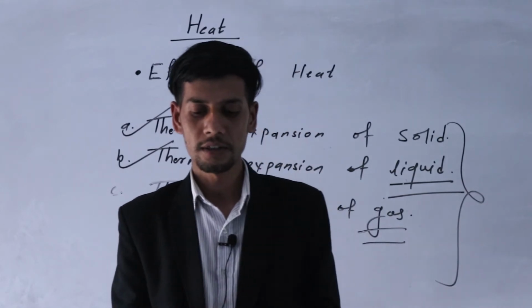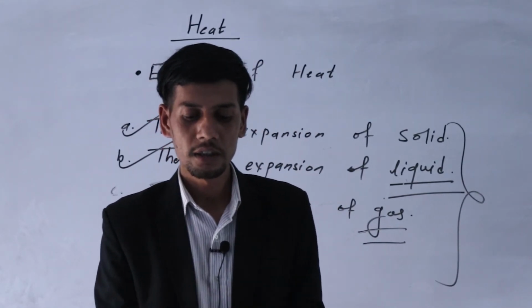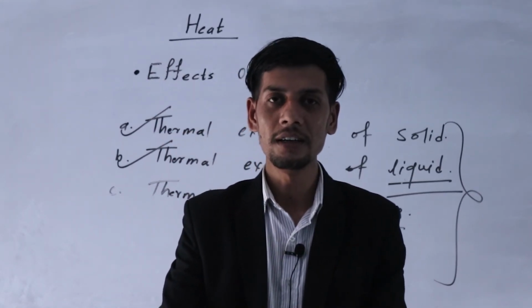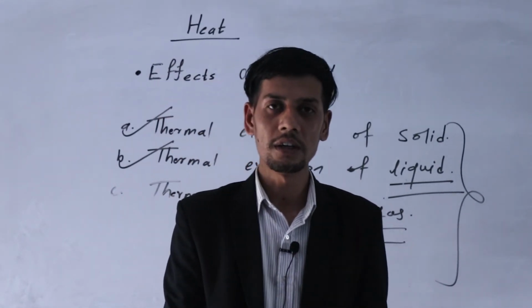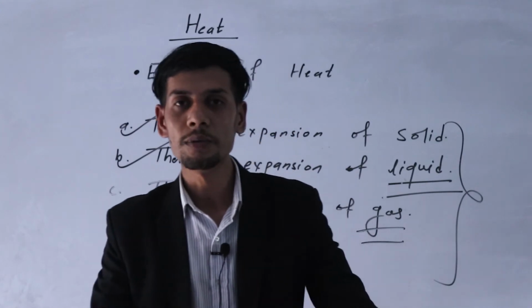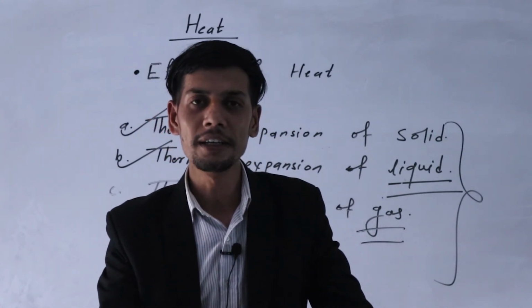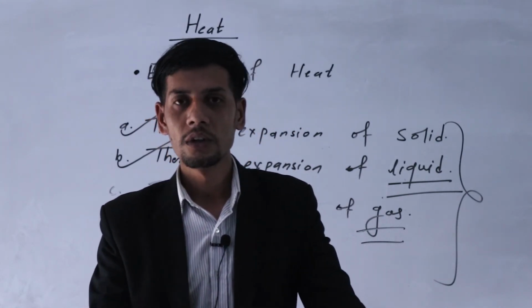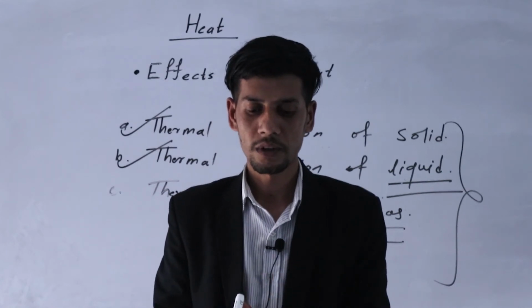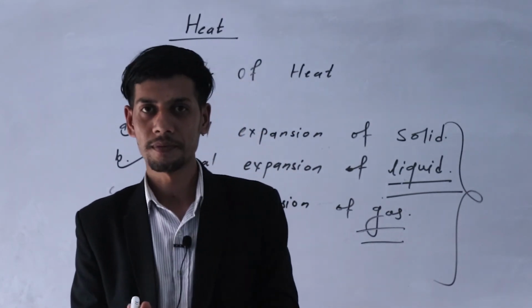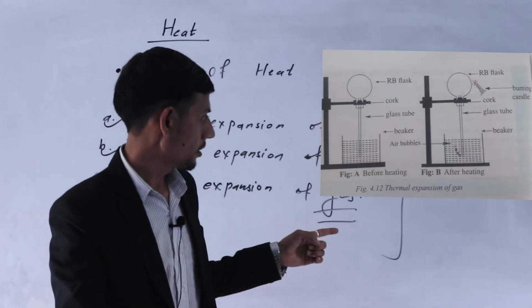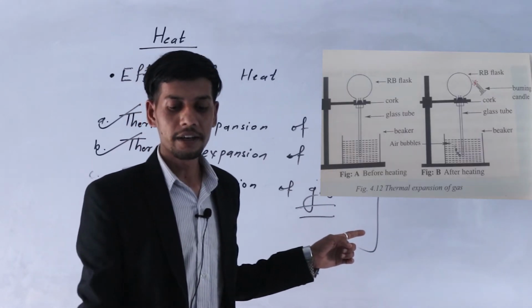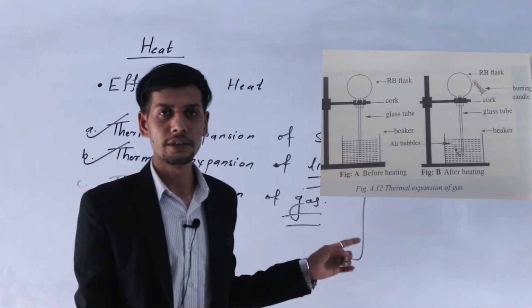To do that, we need some materials. The materials required are a round bottom flask, water, a one-hole cork, a glass tube, a stand, a beaker and a candle. So how to adjust them? You can look at this figure. Adjust the flask with the cork and tube.